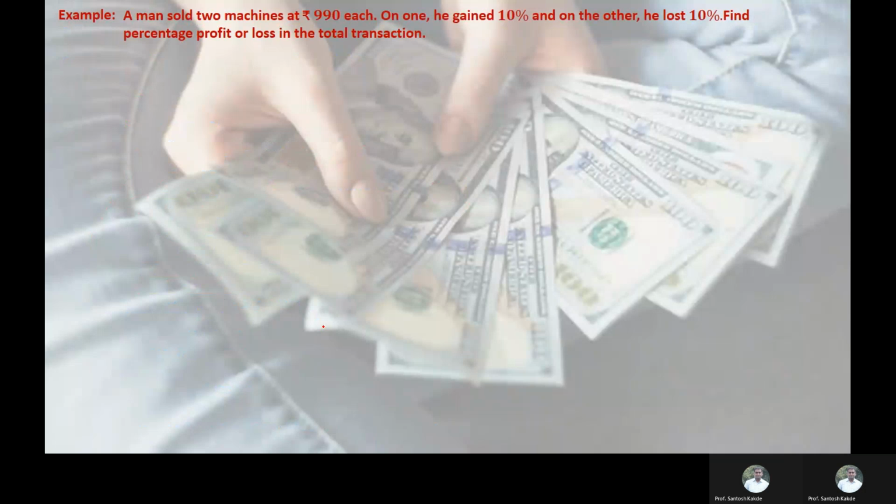A man sold two machines at rupees 990 each. On one, he gained 10%, and on the other, he lost 10%. Find the percentage profit or loss in the total transaction. So let us proceed to the solution. Let x be the cost price of the machine on which he gained 10%, be rupees x.